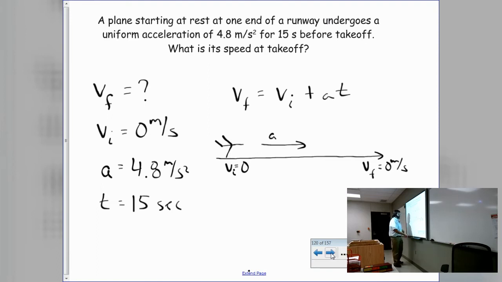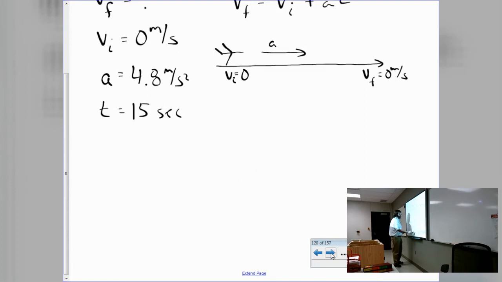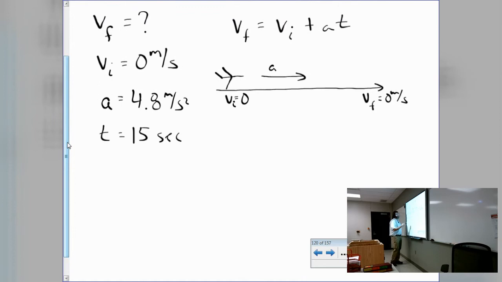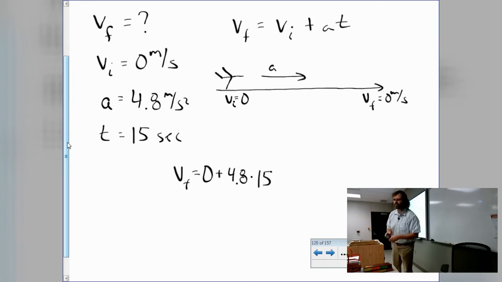So at this point, after I have a diagram and my unknowns, I can plug my numbers into my equation and solve for it. Velocity final equals my initial velocity, which is 0, plus my acceleration, which is 4.8, times 15 seconds. 4.8 times 15 gives us a final velocity of 72 meters per second.